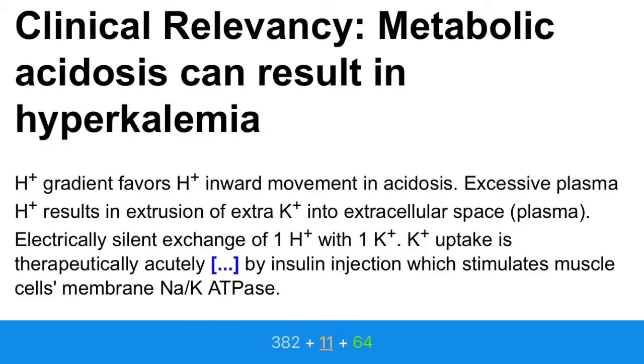It dissolves as carbonic acid, which is acidic, so you can have too many protons in the bloodstream, and they're going to want to penetrate tissues due to diffusion and thermodynamics. So excessive plasma concentration results in extrusion of extra potassium, because the potassium is used to shuttle protons.